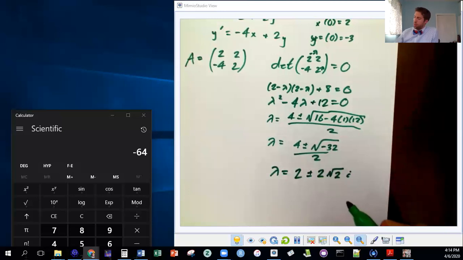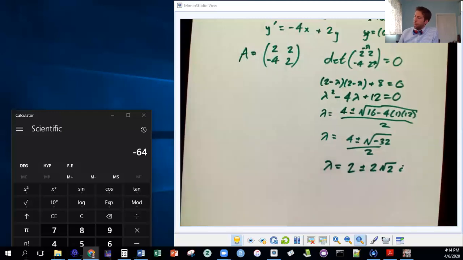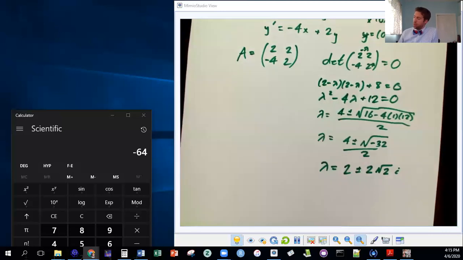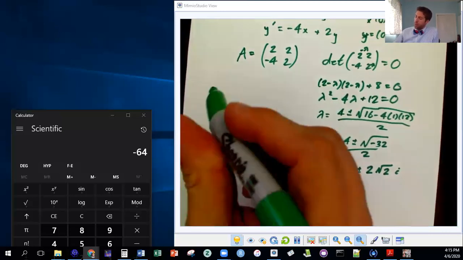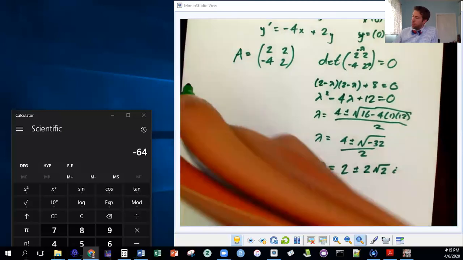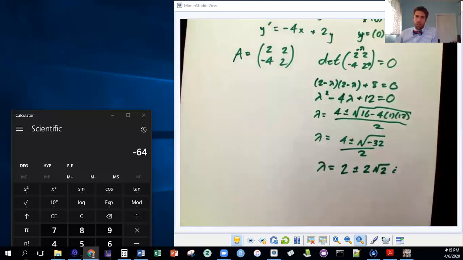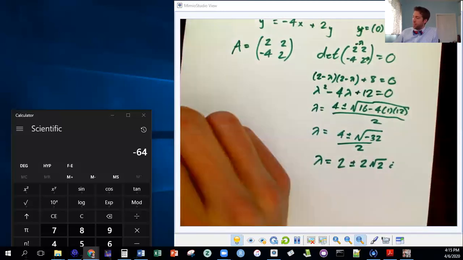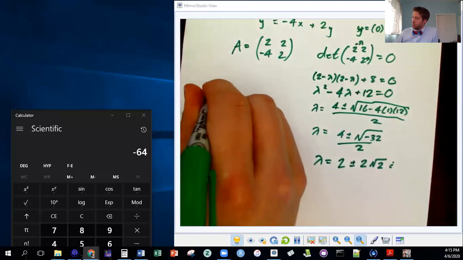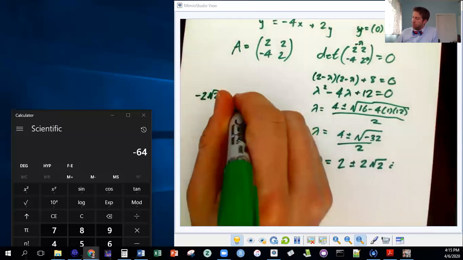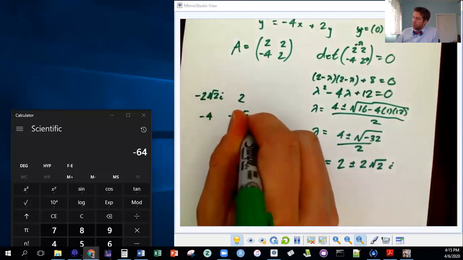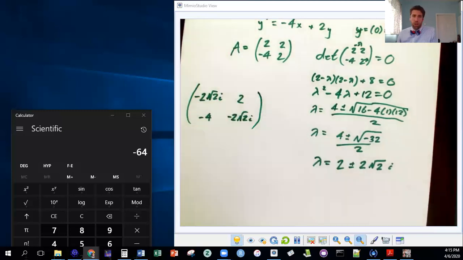Okay. Now we need to know the eigenvectors. Notice that the real part will cancel there. So when I subtract it from A, let's do just the positive one, because the conjugates all work nicely with complex numbers. When I subtract it, I get negative 2 square root of 2i, 2, negative 4, negative 2 square root of 2i. Okay, so what are the null space numbers here?